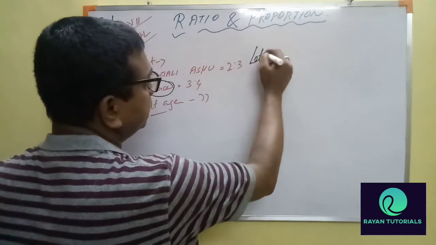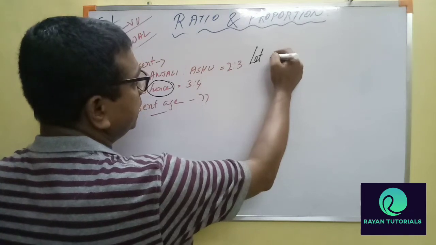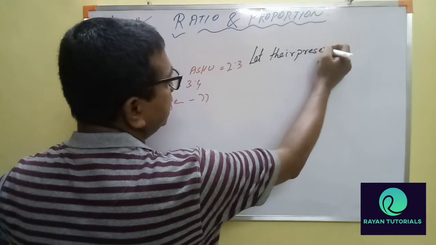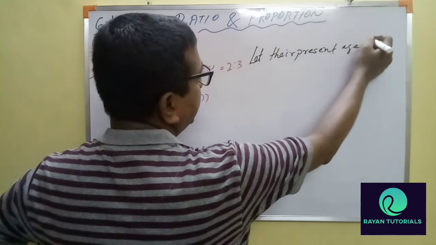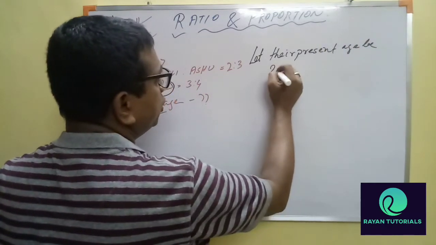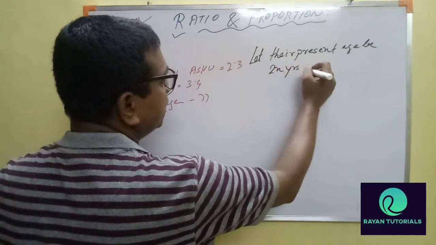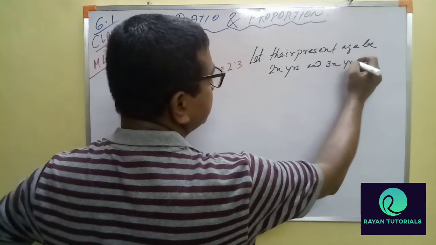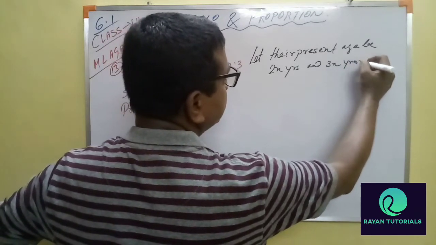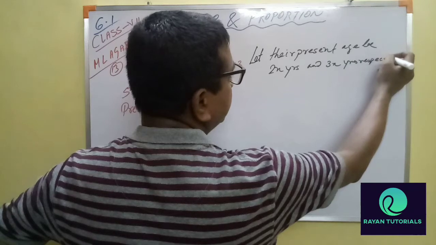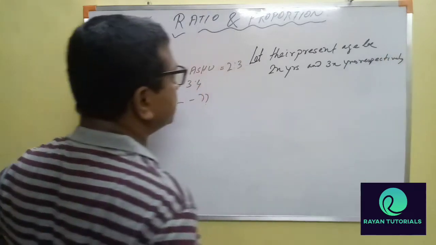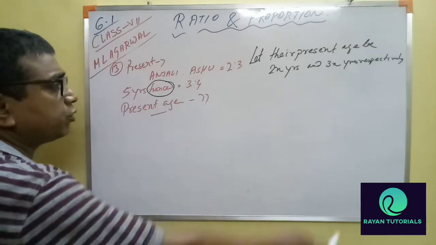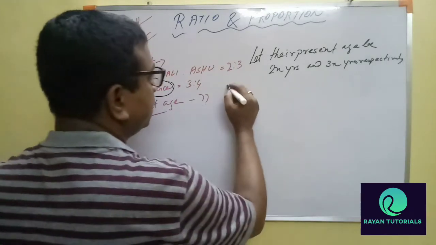Let their present ages be 2x years and 3x years respectively. Means Anjali's age is 2x years and Anshu's age will be 3x years.